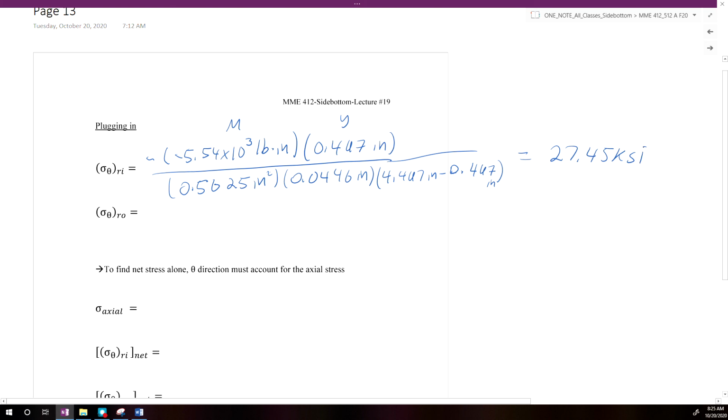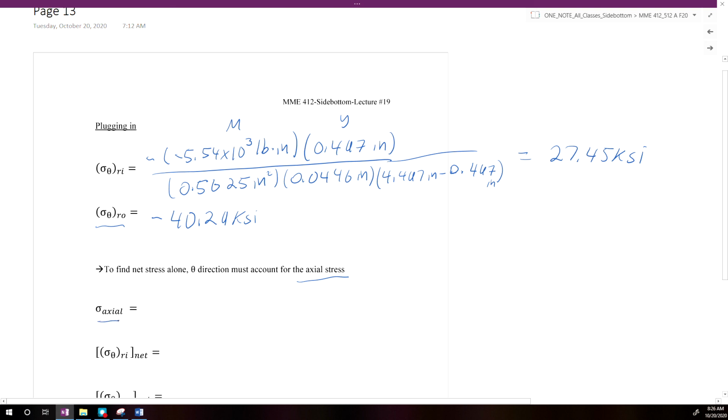We can repeat the same process for the outer radius. All we're changing here is the value of y in this equation. If we do that, we would get negative 40.29 KSI. All right. So these are the stresses due to bending. We need to account for the axial stress in this section.